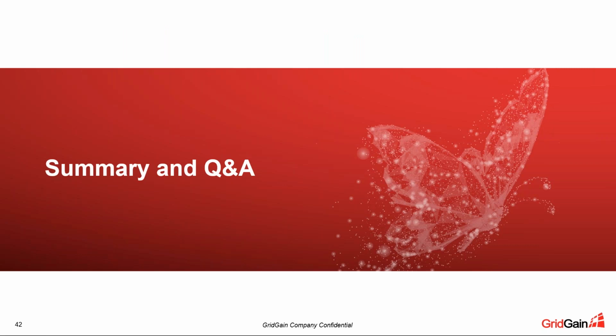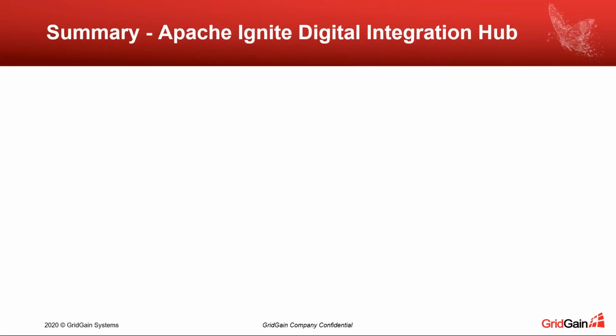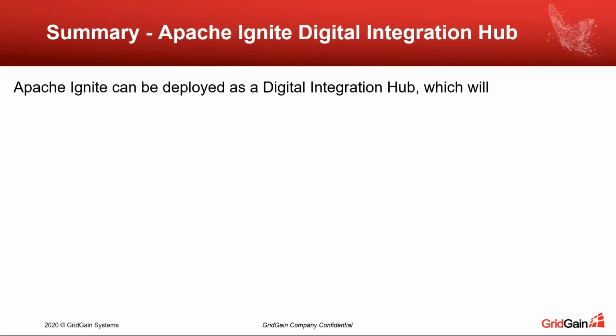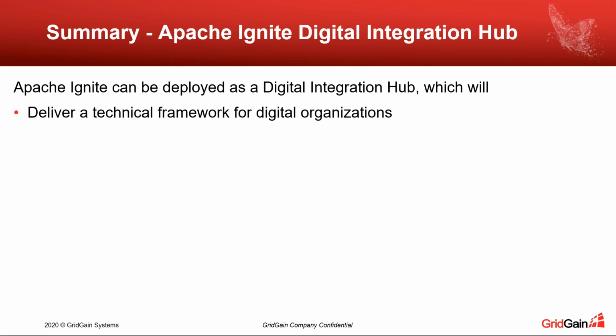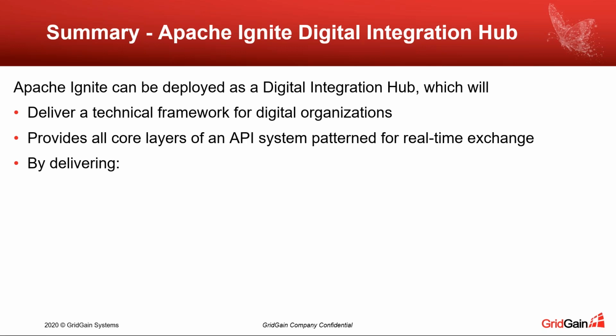Okay, in terms of summarizing what we talked about today, Apache Ignite and GridGain can be deployed as a digital integration hub, which will deliver a technical framework for digital organizations, providing all the core layers of an API system pattern for real-time exchange as you'd want in a digital integration hub.